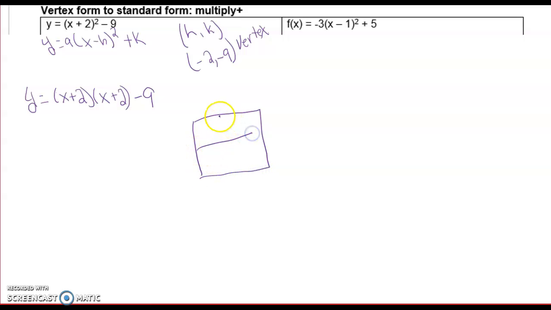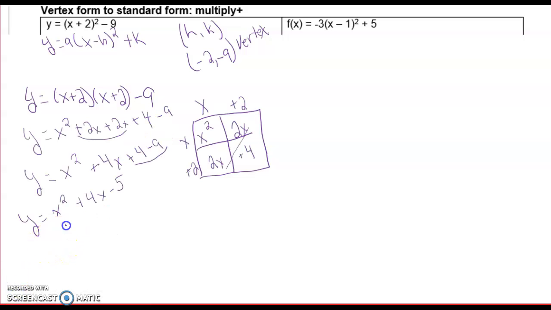Do it kind of quickly because I am shoved on time. Let me pause it. So my final answer is going to be x squared plus 4x minus y. You can pause the video and look and see how we got this. Go and make sure that works for y'all.